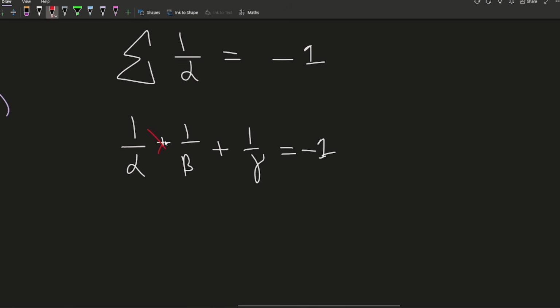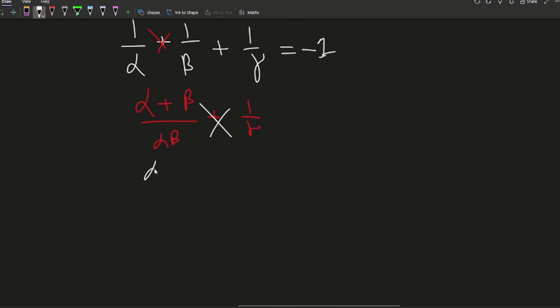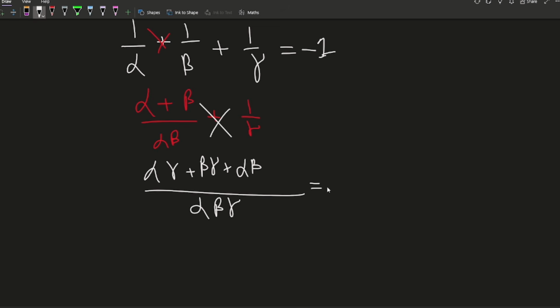Let's take the LCM for these. Alpha plus beta over alpha beta plus 1 over gamma. Now let's take the LCM for these: alpha gamma plus beta gamma plus alpha beta over alpha beta gamma, which equals -1.